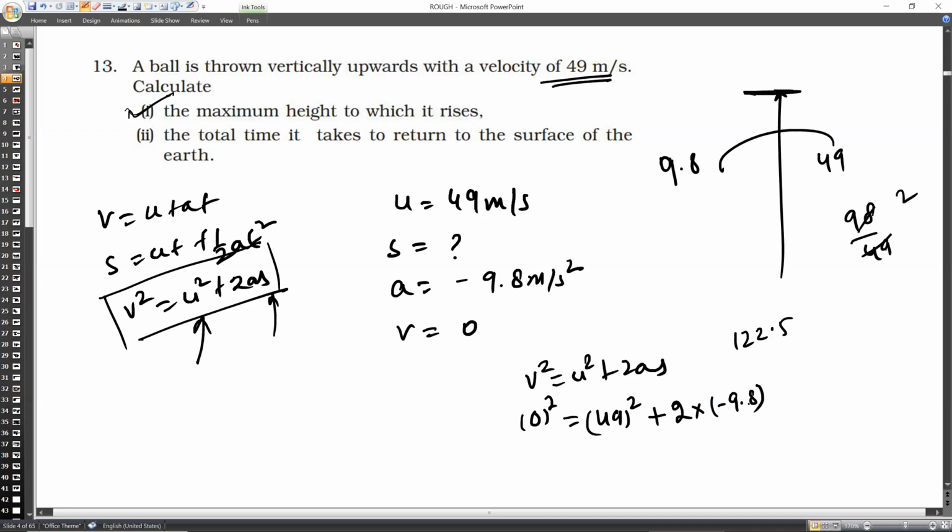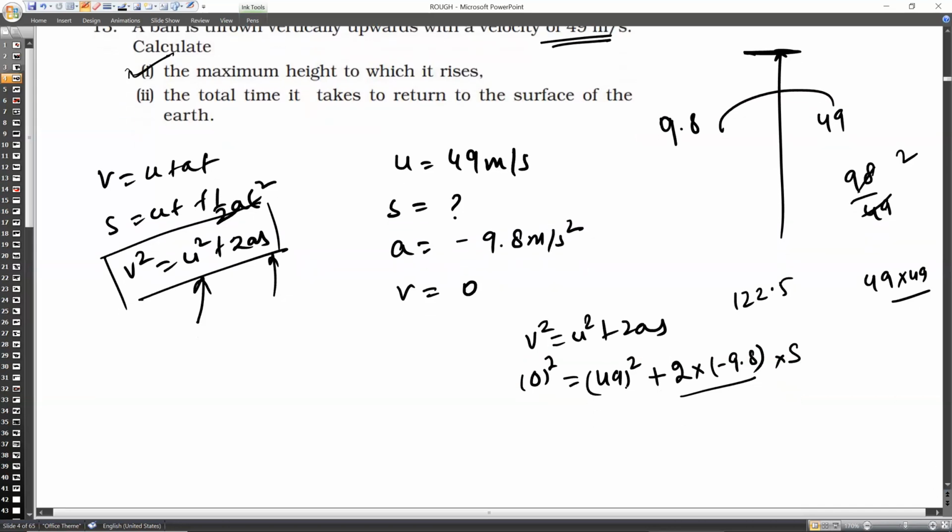So 49 and 98 have a relationship of multiplication of 2. Whatever the value comes here, most of the students start multiplying 49 into 49 and something. No, this is wrong. You are not going to do this.